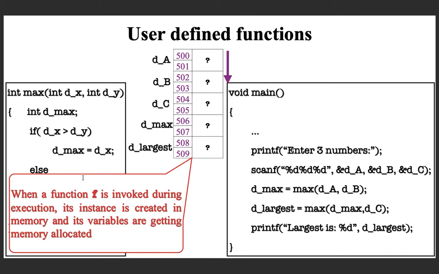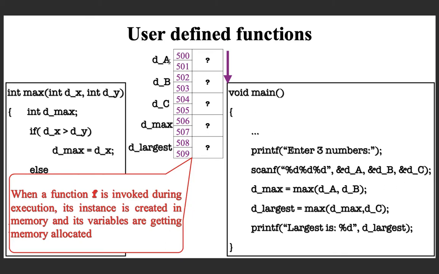When a function like main or f is invoked or called during execution, its instance is created in memory and its variables are getting memory allocated. Instance means a copy of the executable function is loaded into the memory, and memory is allocated for all the variables in it.